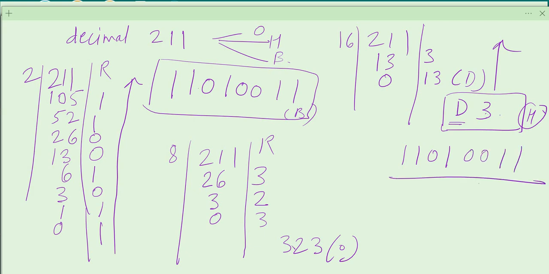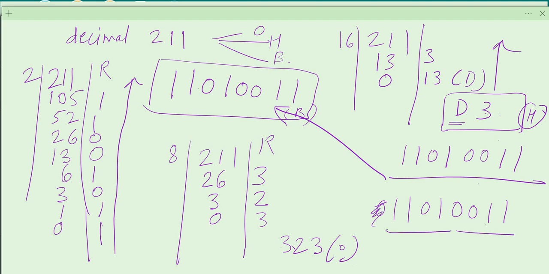So let's check that this is the same as the binary. In the case of octal also, 3 is 011, 2 is 010, again 3 is 011. You can drop the leading zeros. So you can see that these are the same.